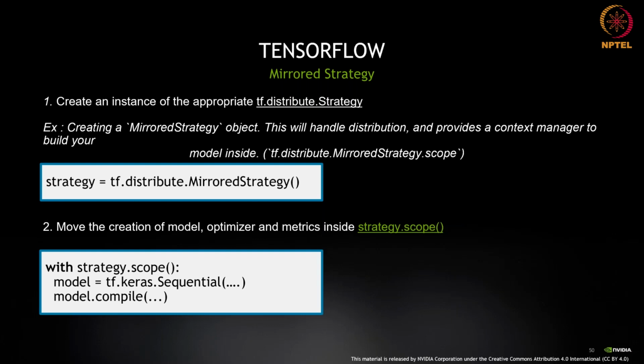The second step in this approach is to bundle your existing model within the scope of that strategy. So you can see here that we are saying within the strategy dot scope, I'm going to define my model. So that model is defined within the scope of that particular strategy that you have chosen.